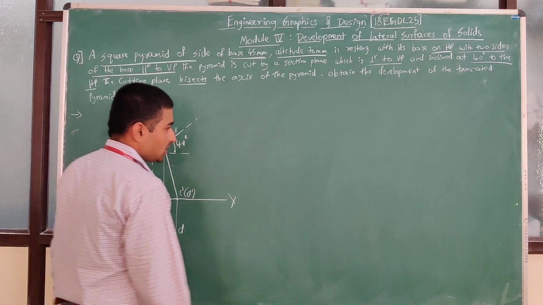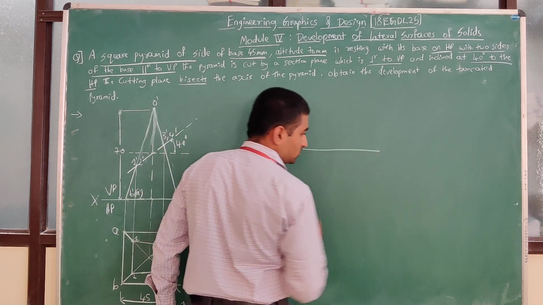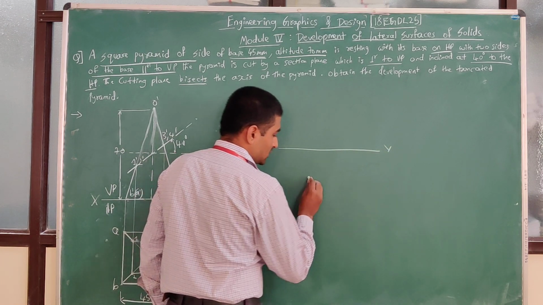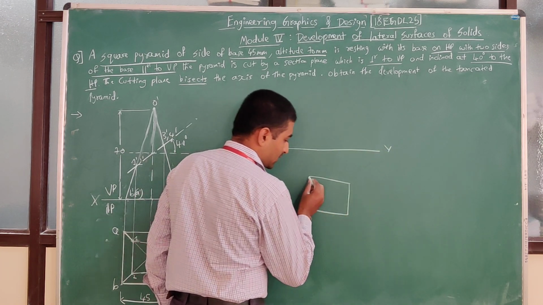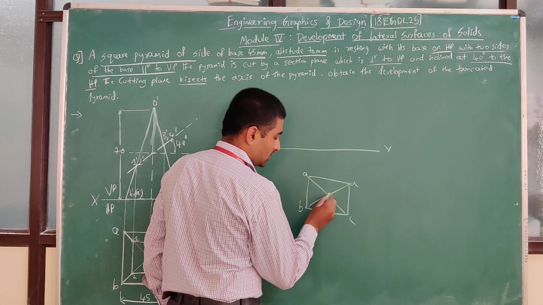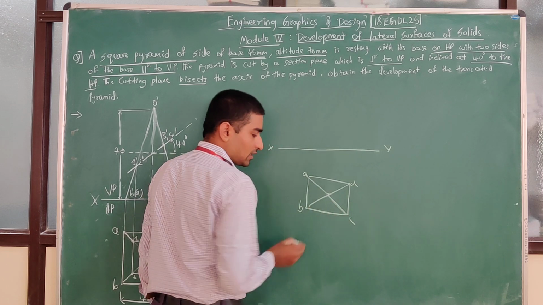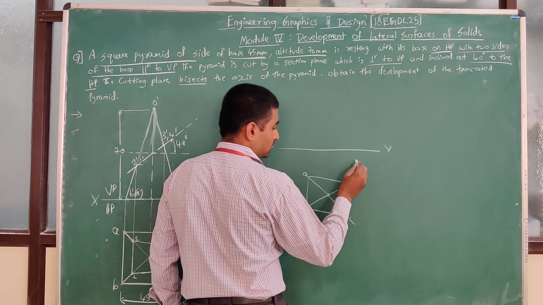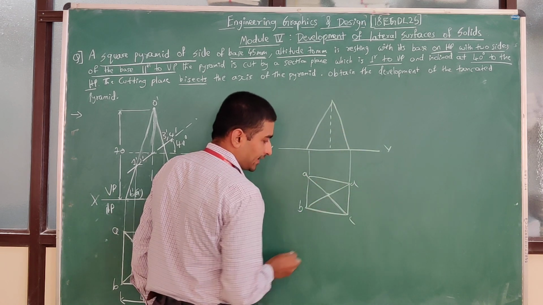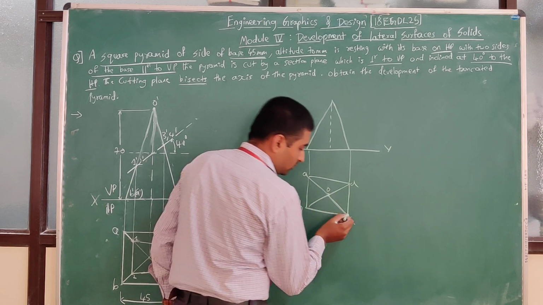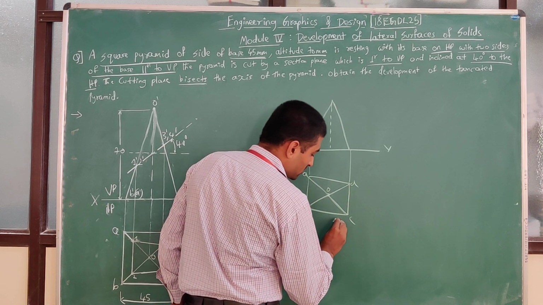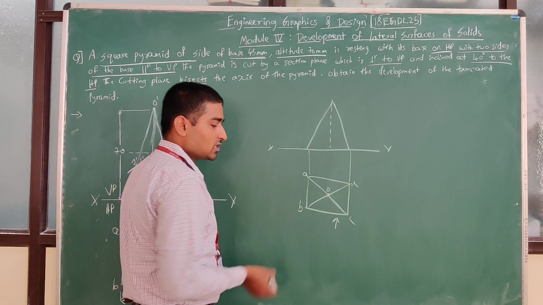I will explain it. Now suppose this is my XY line, and there is a square prism, just like the square pyramid we have taken. So again the namings are going to give us the same A, B, C, D. Now, C to O edge, whatever the length is, when I am going to project it here, C to O. As I said, when you are projecting from the top side to the front side, you are going to imagine that you are standing here and seeing the edge.